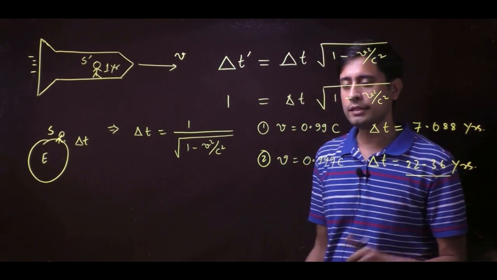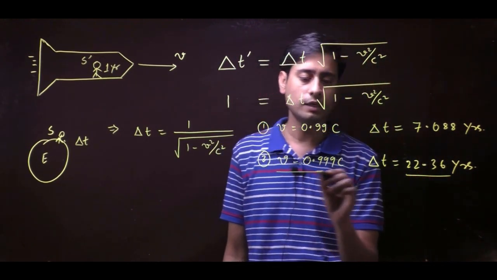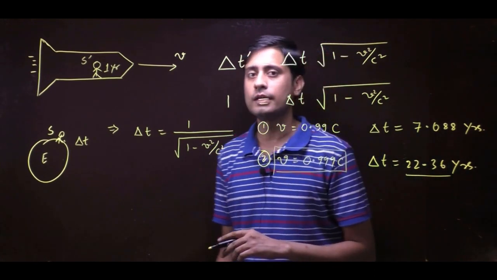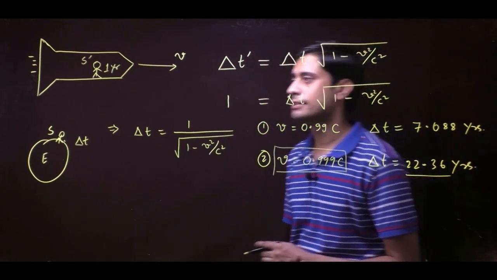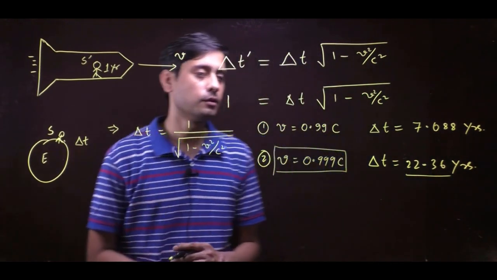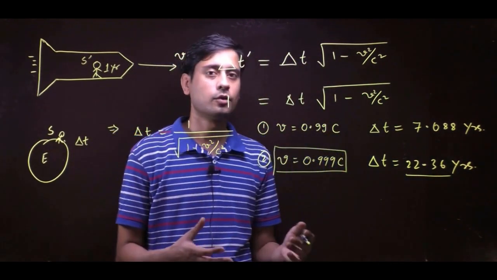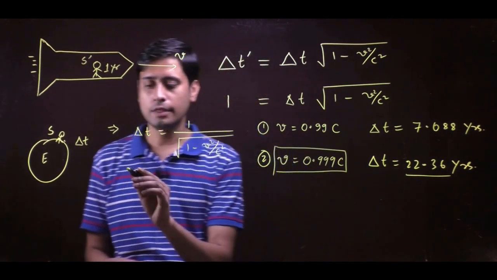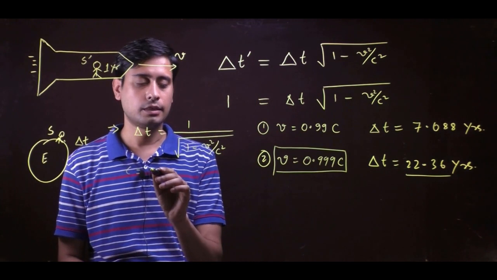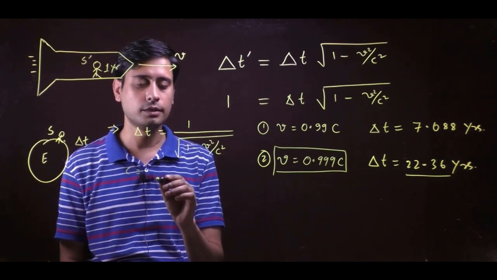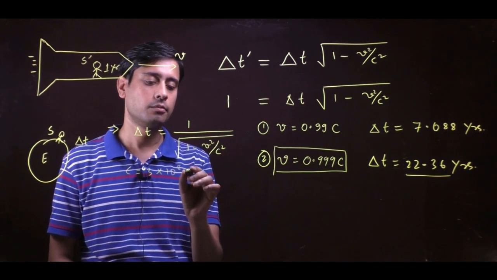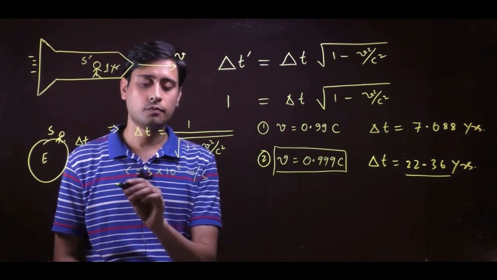But the main thing is that this speed is not easily achievable. The fastest rockets and spaceships cannot even reach 1000 kilometers per second. The velocity c, which is 3 into 10 to the power 8 meters per second, is much greater than the velocities of current spaceships.